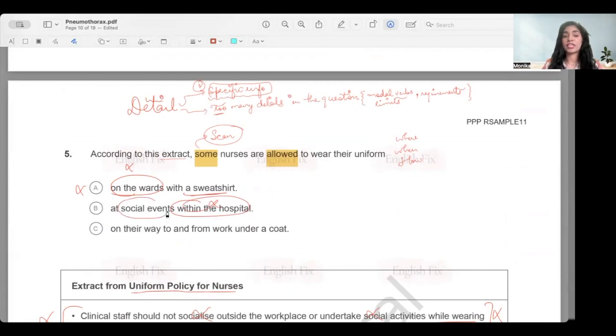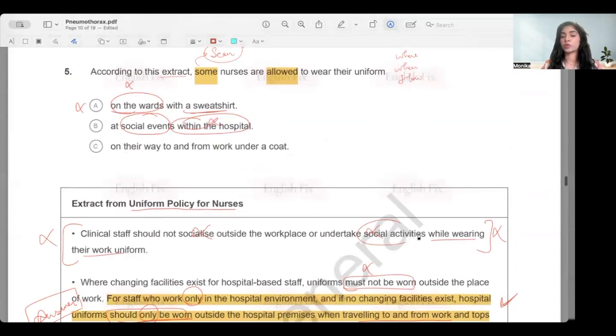Why? Because they see the word at social events, and here they have talked about social activities, socializing. Even though when you read this sentence, you clearly understand that the meaning that they're trying to show us here is not what this sentence represents. But students who are matching words, they will not care about the meaning and they will directly get to this and simply match words and select this to be the right answer. Meanwhile, I know that this is incorrect.